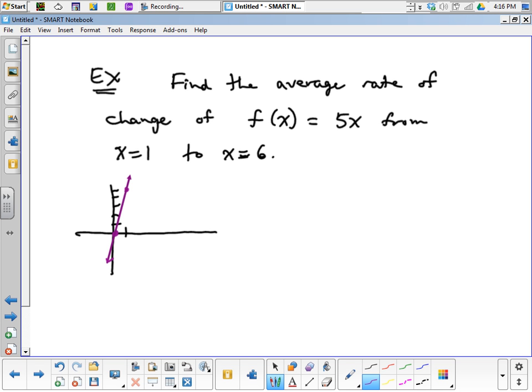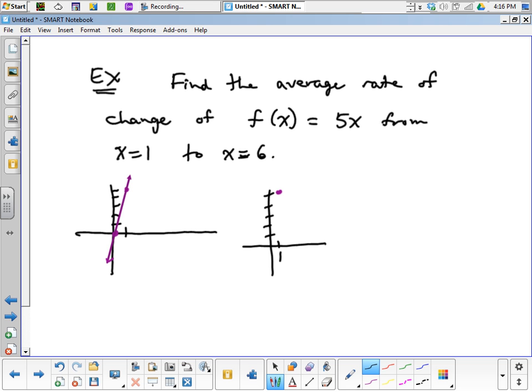So there's your line. Now if you want to go from x equals 1 to x equals 6, that's going to look something more like this. Right? The point 1 is going to be at 5. When x is 1, y will be basically 5.